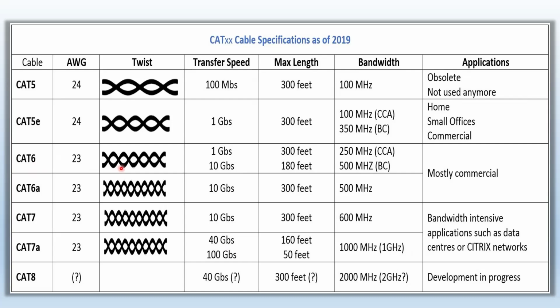I didn't put that in the table. Maybe I'll find the specifications to see where Cat6e would fit between Cat6 and Cat6a. But I know it exists.